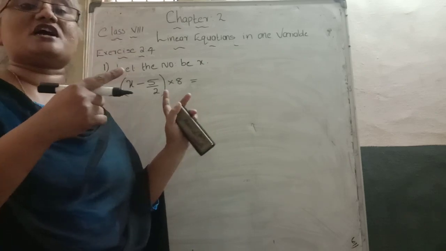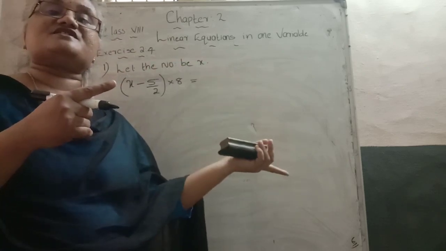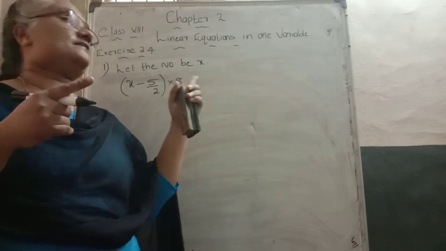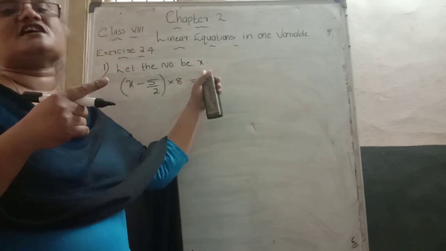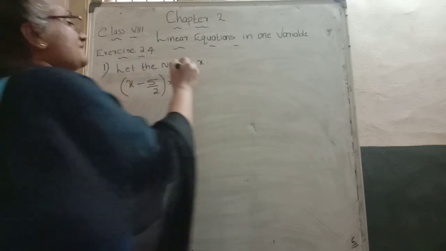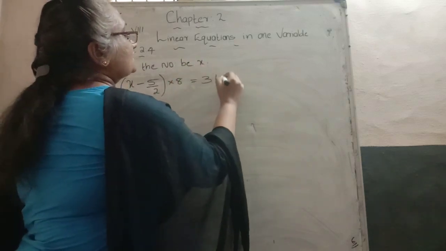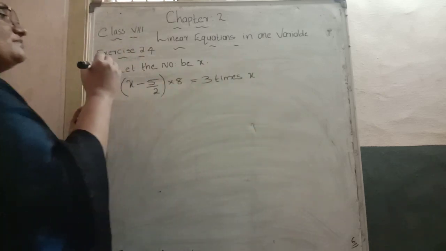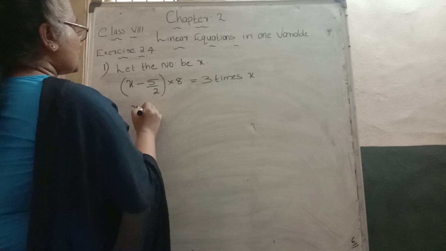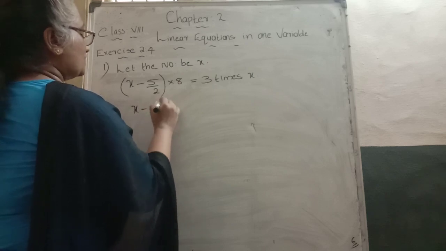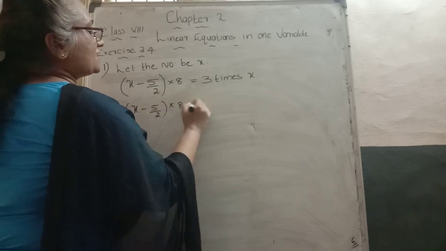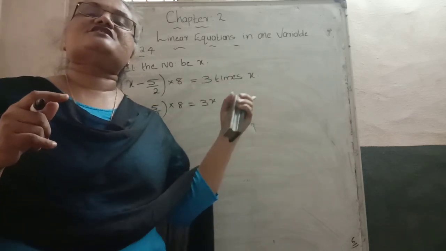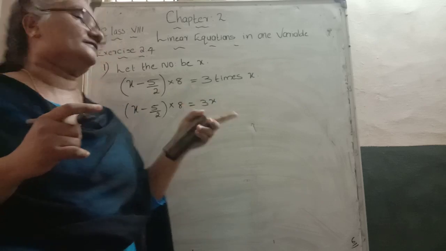That number 12 means 3 times the same number, which is x. So we can write x minus 5 by 2, into 8, is equal to 3 into x, that is 3x.